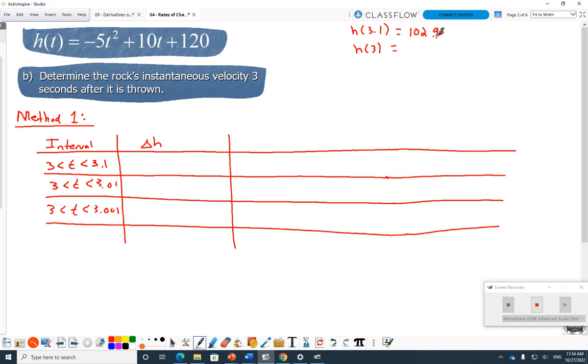And for H at 3, I just have to go back and change those all to 3s. I get 105. Now I can find the delta H. It was 102.95, subtract 105, equals negative 2.05.